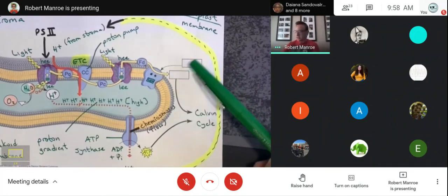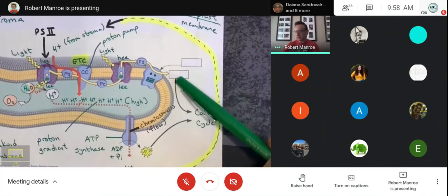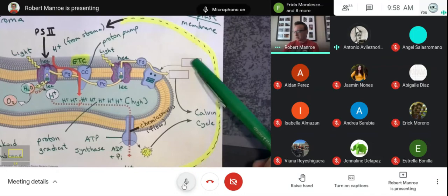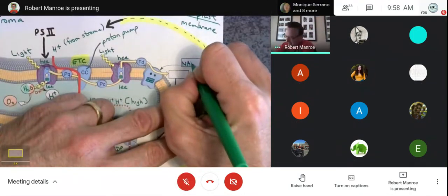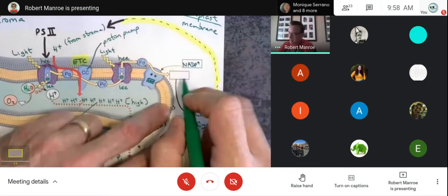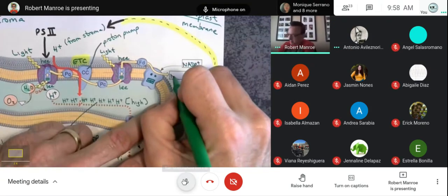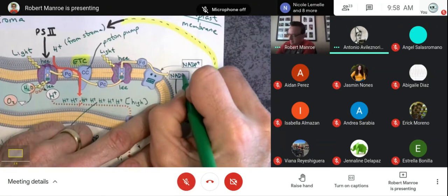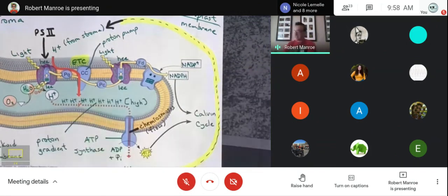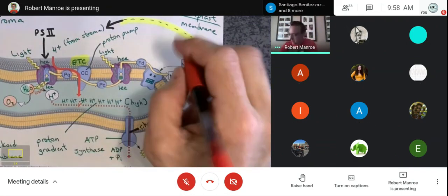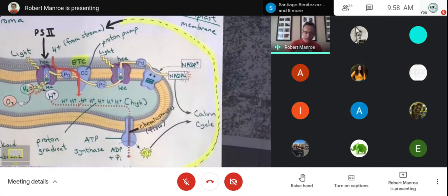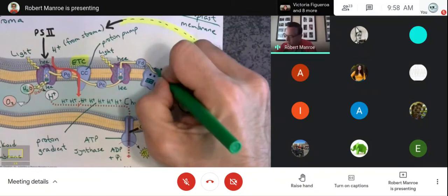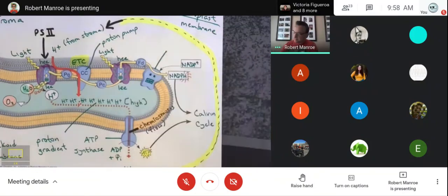What goes here? NADP. Nice. NADP to make? NADPH. Very nice. And so NADPH then is now carrying the high energy electrons here that end up in our food, meaning that this is which enzyme right here?